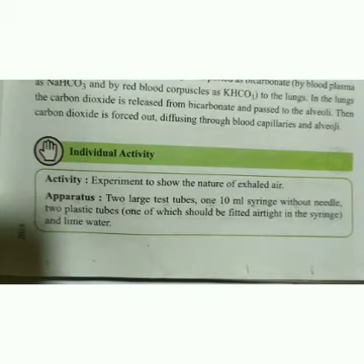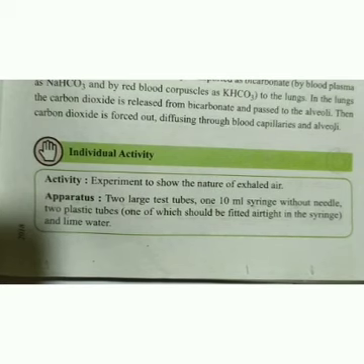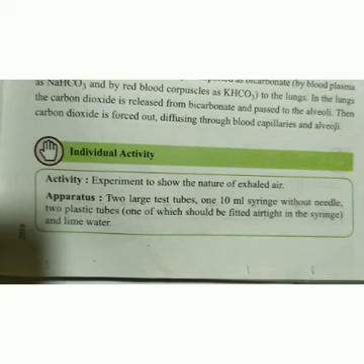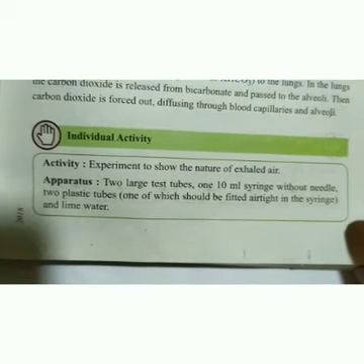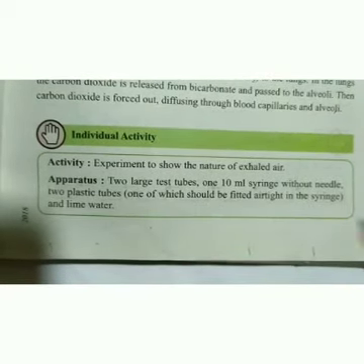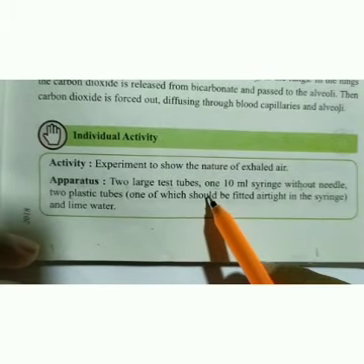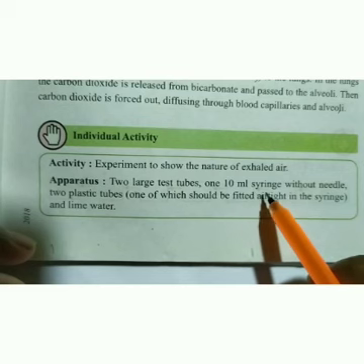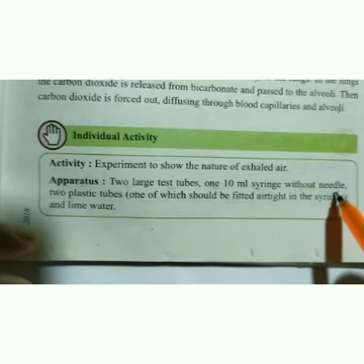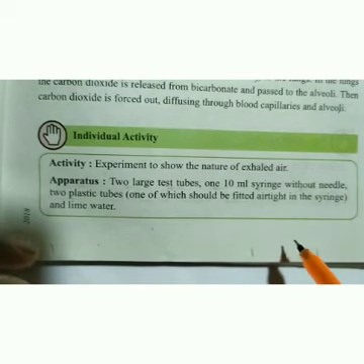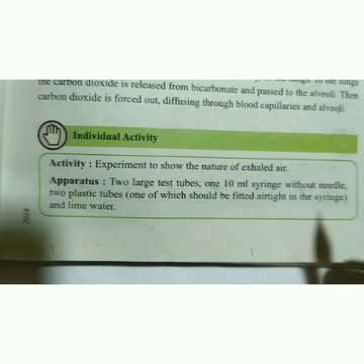We can show an experiment to show the nature of inhaled air. To perform this experiment, we need two large test tubes, a 10 ml syringe without needle, two plastic tubes and lime water.